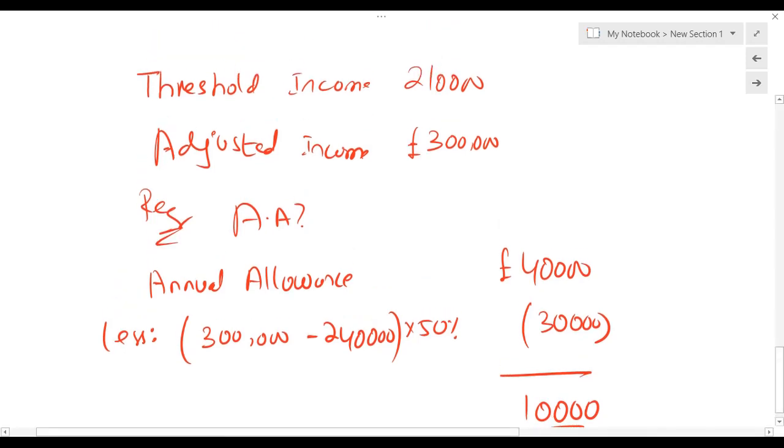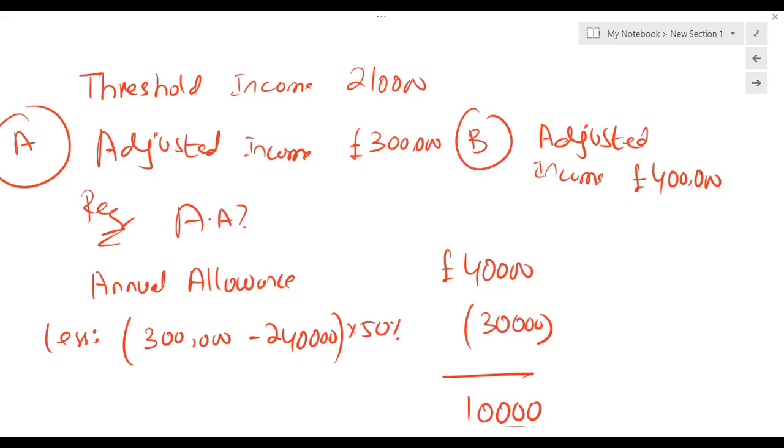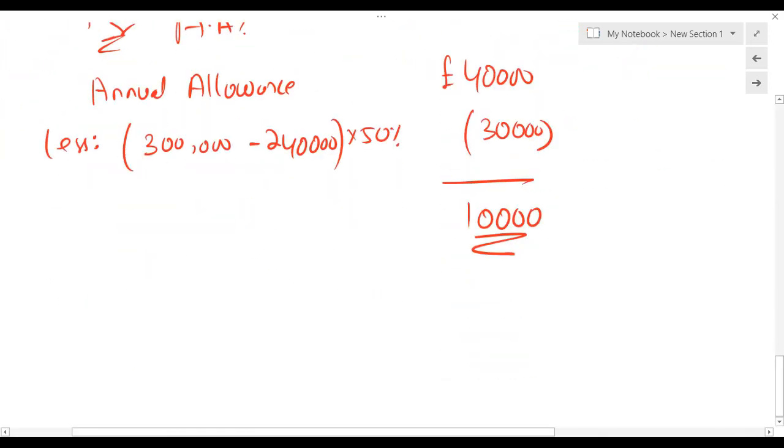Okay, let's say this is case A. In case B, I'm assuming adjusted income is 400,000. Let's say threshold income is 210,000, but in case B, I'm assuming adjusted income is 400,000. And the requirement is the same: calculate the annual allowance limit. Now check this.